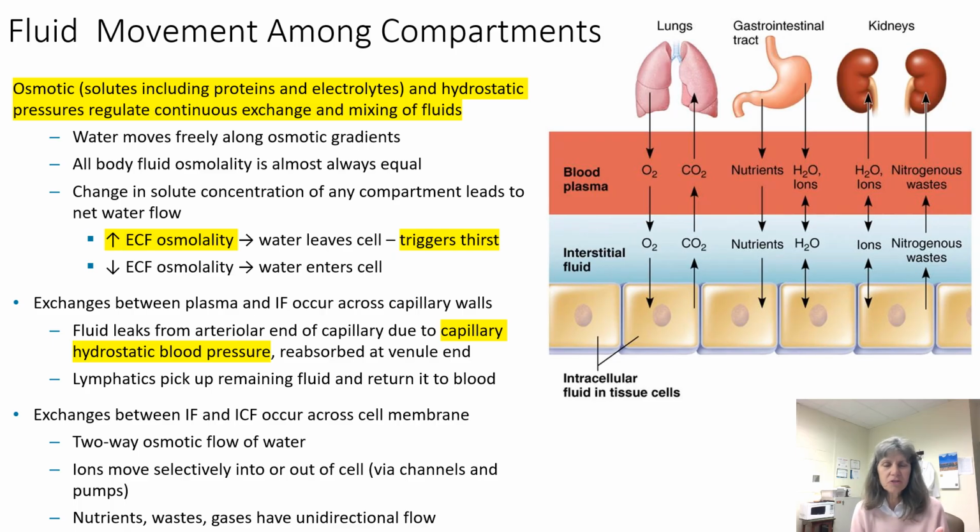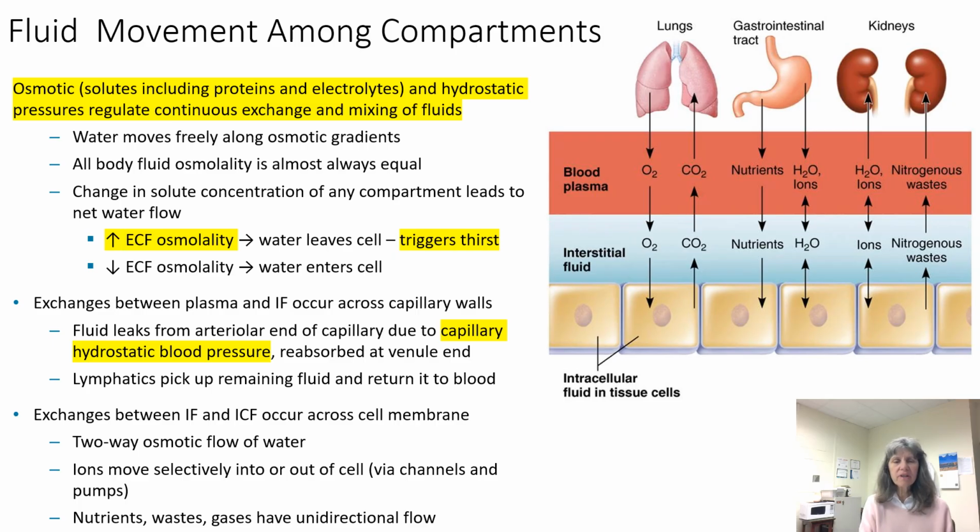It's just usually pressure from blood in blood vessels. So, because of osmotic and hydrostatic pressures existing in the body, those pressures help to regulate a continuous exchange and mixing of fluid. Water freely moves according to osmotic gradients and according to pressures.